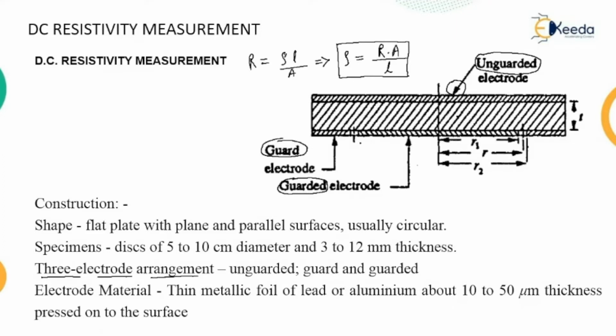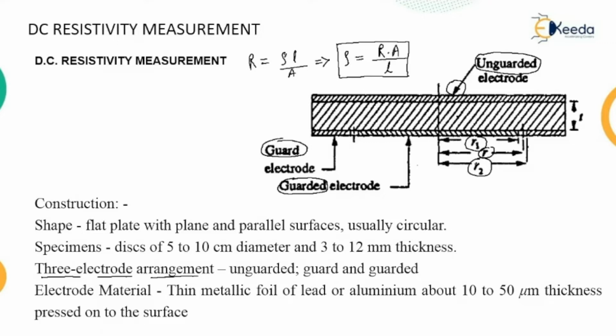The effective diameter of the guarded electrode is greater than the actual diameter and is given as follows. The dimensions are shown here in the form of radii R1, R, and R2. Let R1 and R2 be the radii of the guarded electrode and guard electrode, including the gap, and R the effective radius of the guarded electrode.